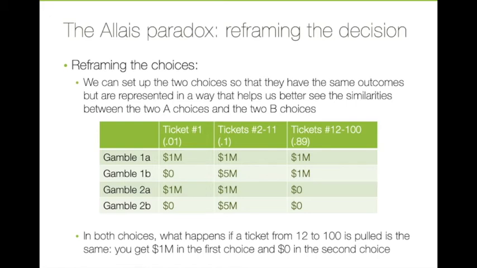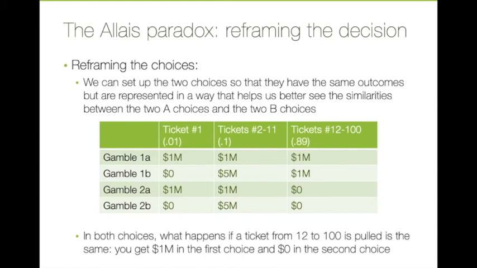So if you draw ticket number 1 in gamble 1B, that gets you $0, right? There's a 1% chance of getting $0 in that gamble. If one of the 10 tickets 2 to 11 are drawn, you get $5 million. And if one of the 89 tickets 12 to 100 are drawn, you get $1 million.